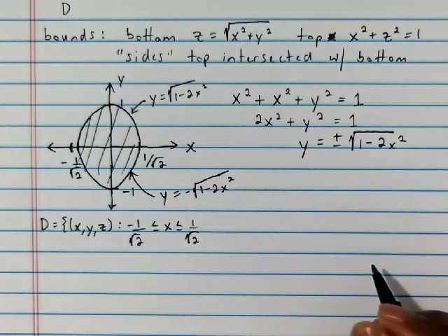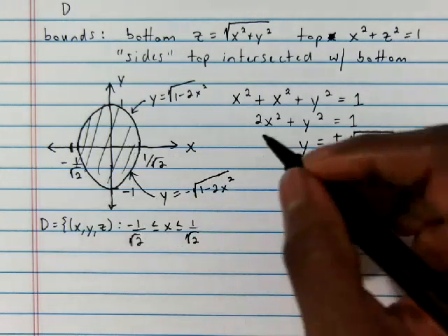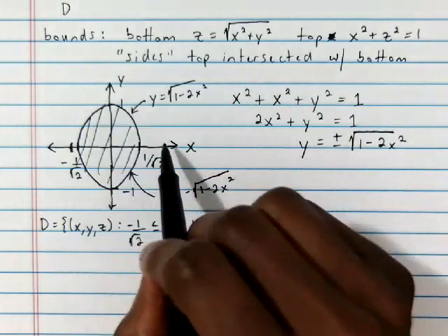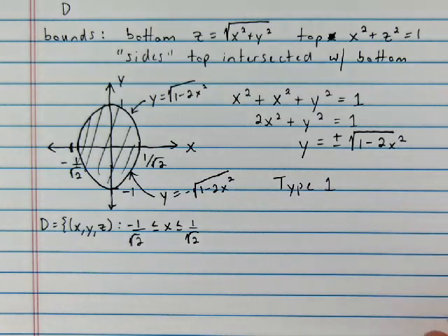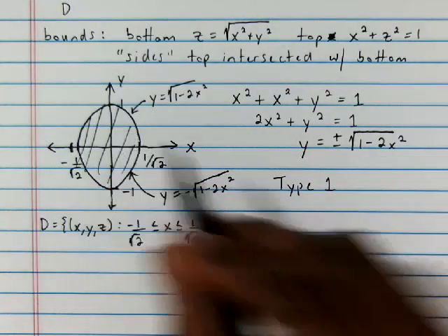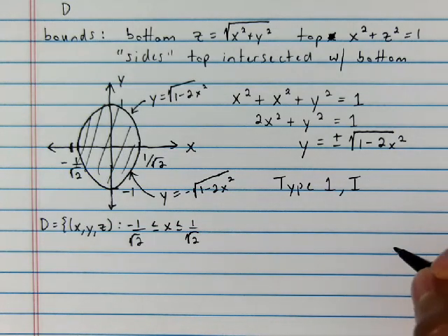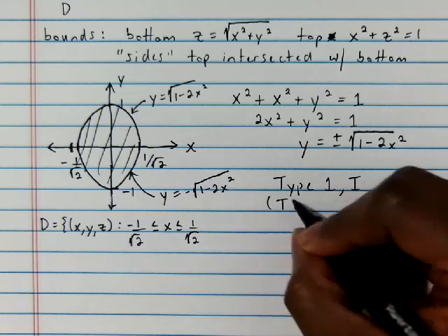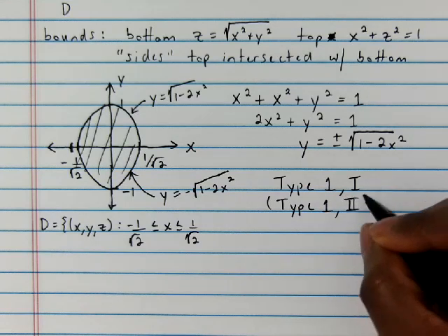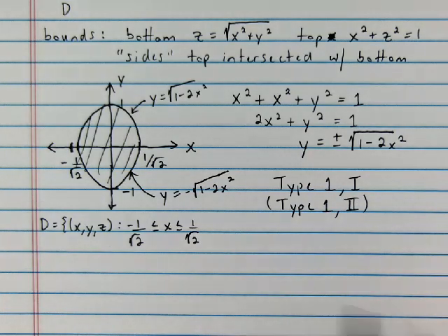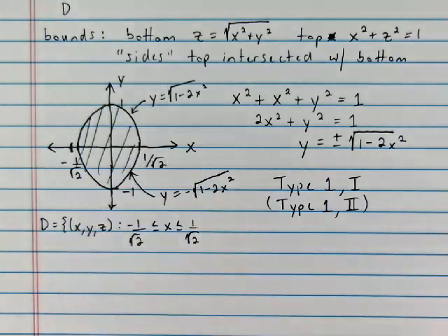And actually, before I finish this, because I don't want to forget, this region that we have right here, because we projected into the XY plane, immediately tells us that we're type Arabic numeral 1. We chose to do this as type 1, comma, Roman numeral 1, but it also would be correct to do this as a type 1, Roman numeral 2, where if we chose to solve for x and go from constant to constant in the y direction. Either one of those is fine.